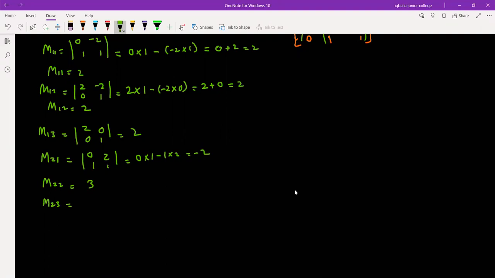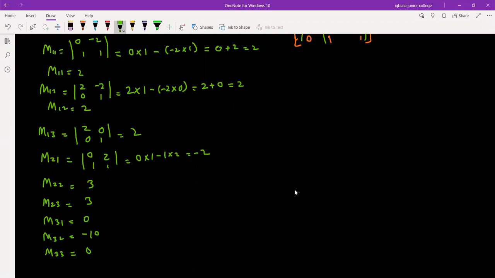M23 will be 3. M31 will be 0. M32 will be minus 10. M33 will be 0. So here I found 9 minors.